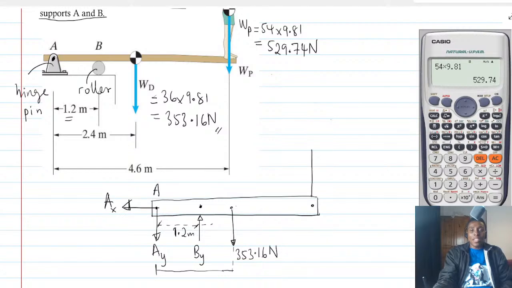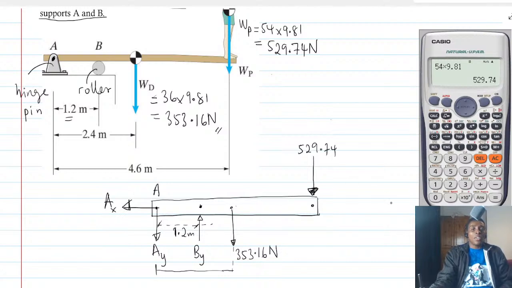And then the weight of the man. Since the man is standing at the edge of the board, we can say that the weight of the man can be assumed as a concentrated force, which is just acting here, of magnitude 529.74.